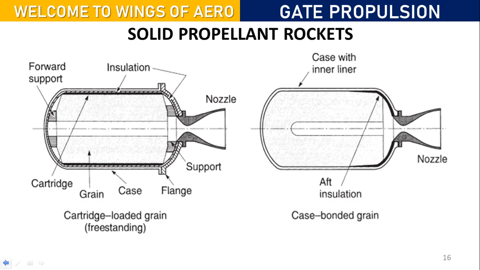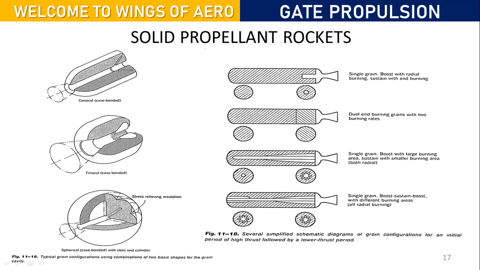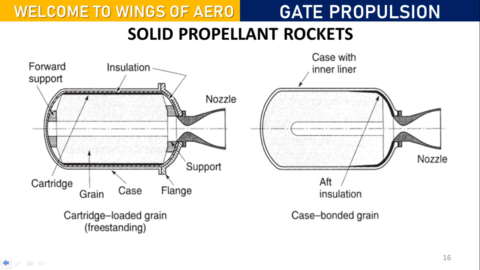Again, the solid motors can be classified into two different types. One is a cartridge loaded grain, another is case bonding. In case bonding, while manufacturing these solid rocket motors, it will be built on the spot. Okay, got my point? There will be no separate assembling of the propellants and then feeding into it.